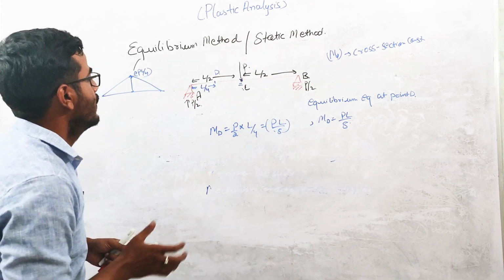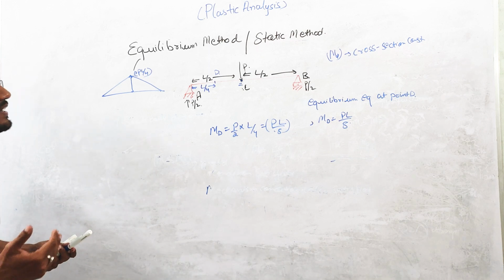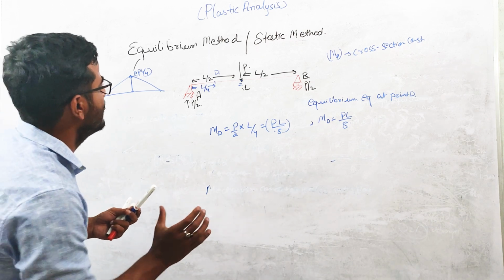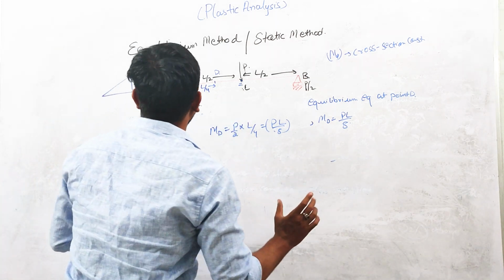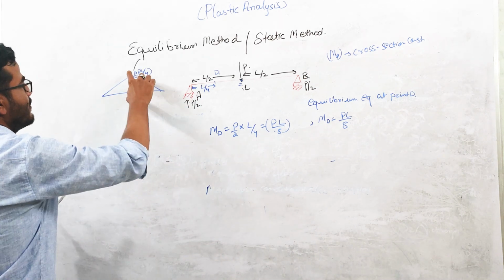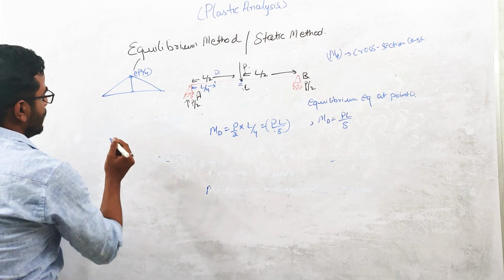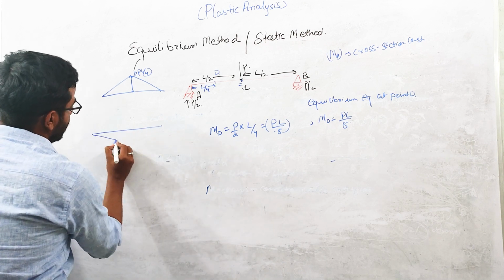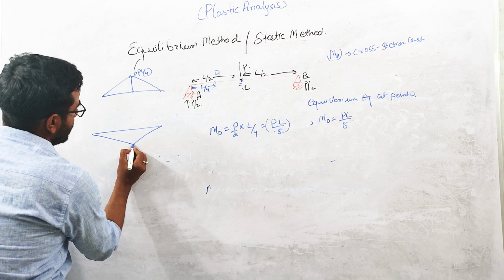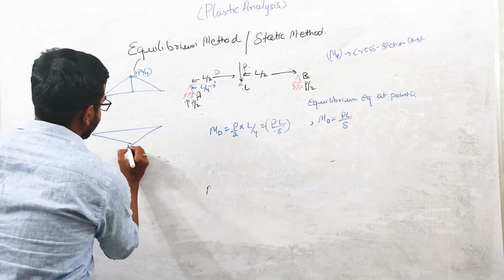Now the next thing is to find the location of the plastic hinge. The plastic hinge will form at this point C, because we can see from the moment diagram that the maximum moment is at point C. During the collapse, this beam will deflect like this.